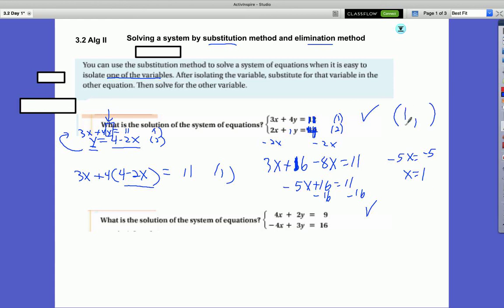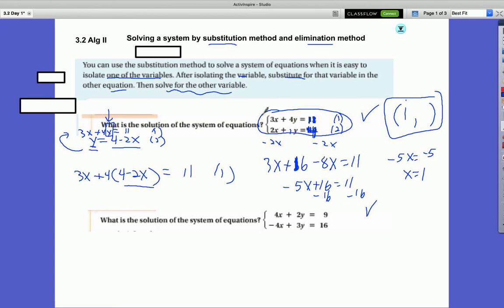We are halfway done. We have half of our solution. Our solution to a system is an ordered pair that works in both. We isolated it, substituted it into the other equation, then solved for the other variable. You can take this value of x and plug it either into the first equation, right here, or the second equation.